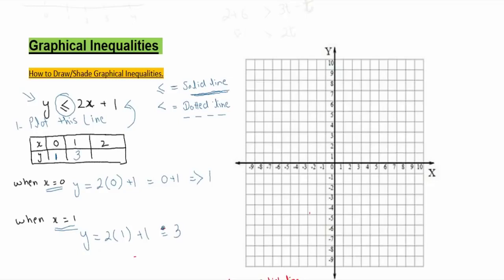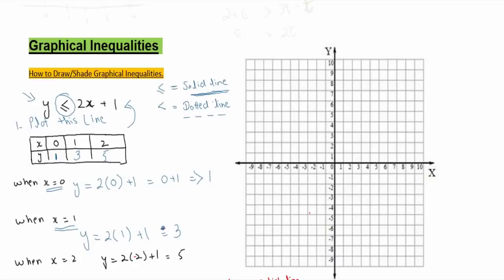Same like this, when I substitute the last value, when x is equal to 2, I would get an answer of 5. You can use more values if you want, but I would prefer to use at least 3 points to plot a line. Okay, so now I'm going to plot these points on the graph.